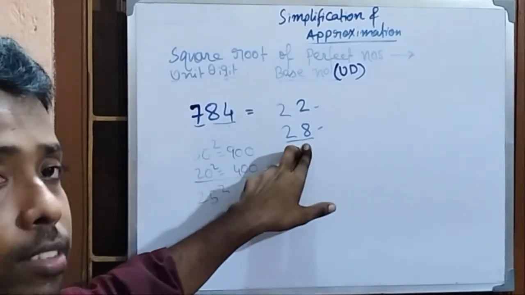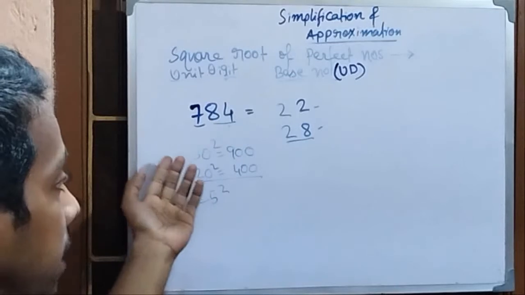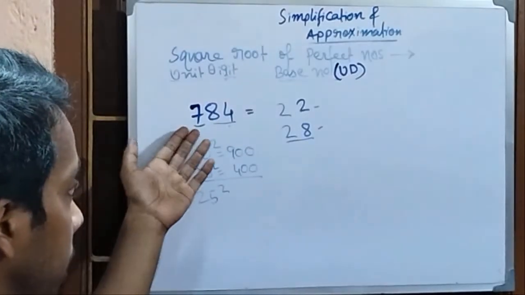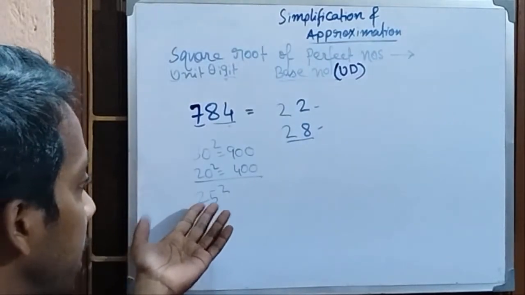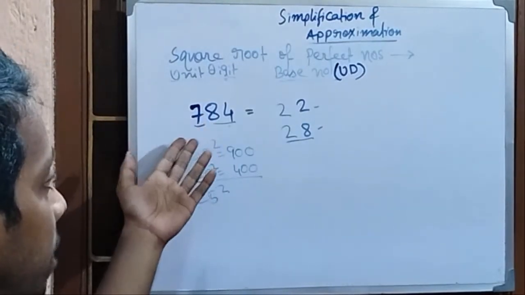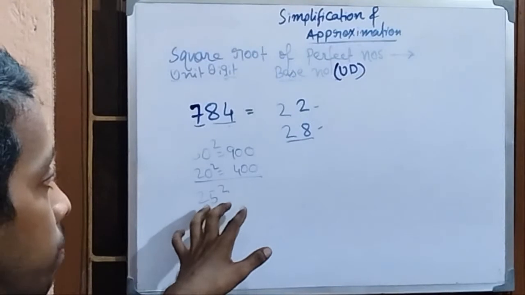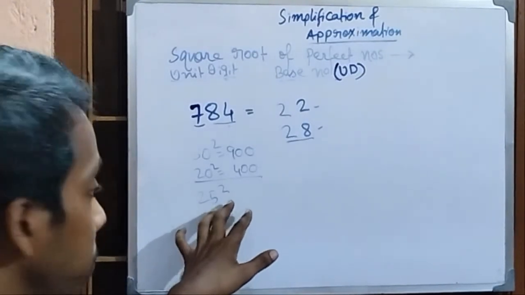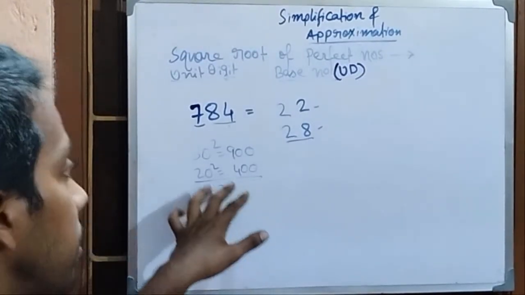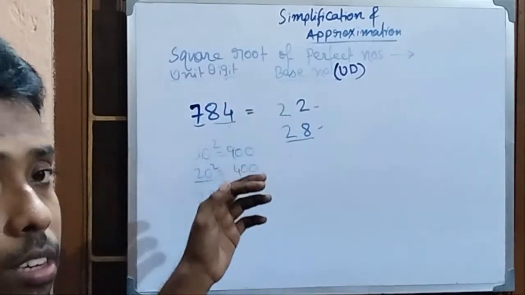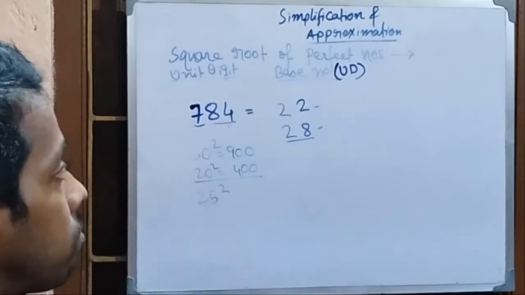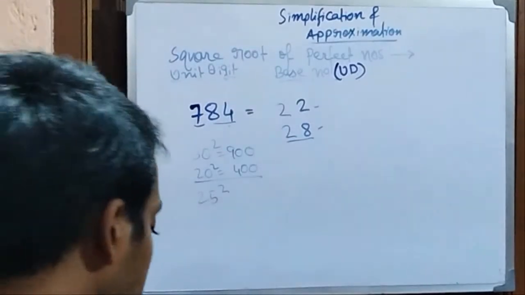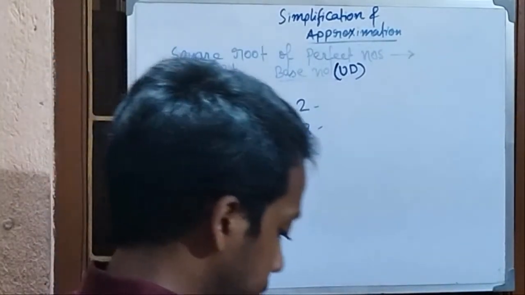Supposedly 28 is the answer. If in any case you feel that the given number is less than the mid value, 625, then 22 is the answer, or for that matter any other number could be given there. So that would be the answer. That's it.